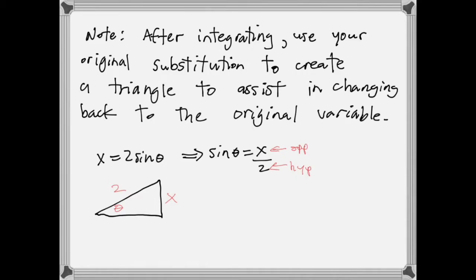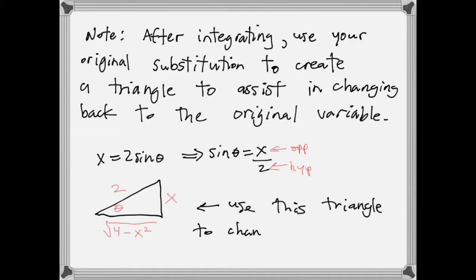And then you can use the Pythagorean theorem to find this side. This would have to be the square root of 4 minus x squared. And then I could say, use this triangle to change all thetas back to x's in your answer.